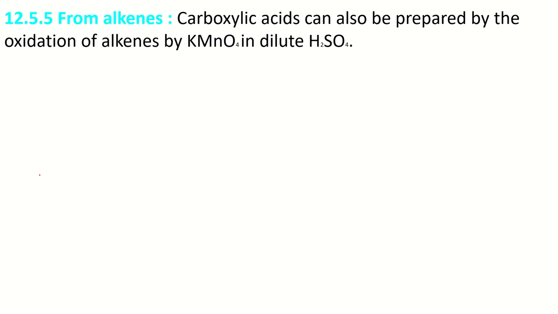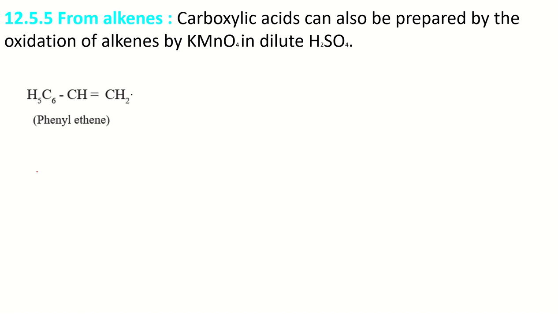In the previous reaction we saw it in the presence of dilute nitric acid. Here we use dilute H2SO4 with potassium permanganate. The carboxylic acid can also be prepared by the oxidation of alkene by KMnO4 in dilute H2SO4.